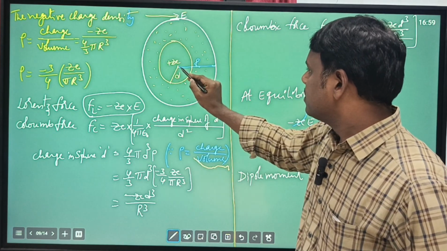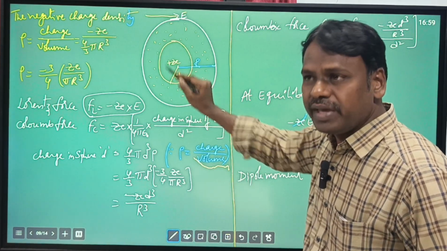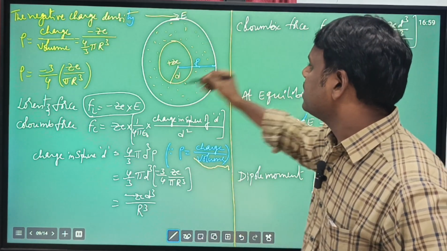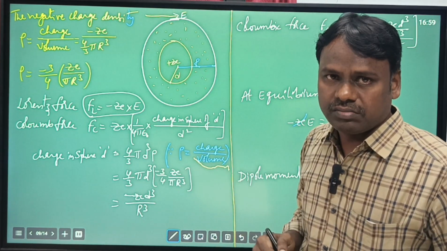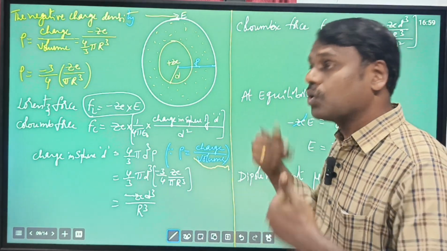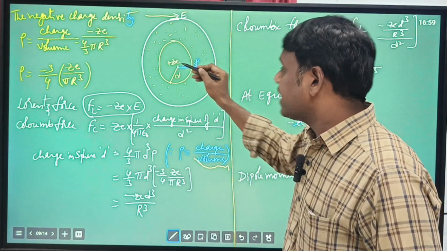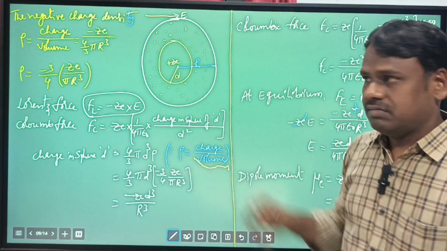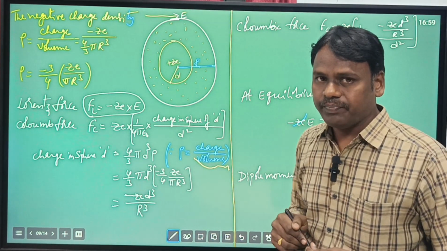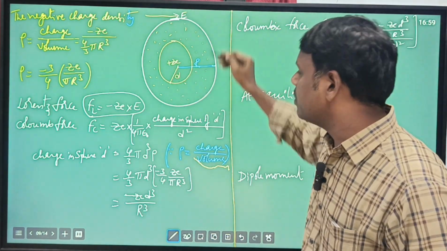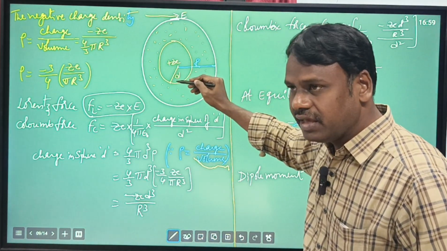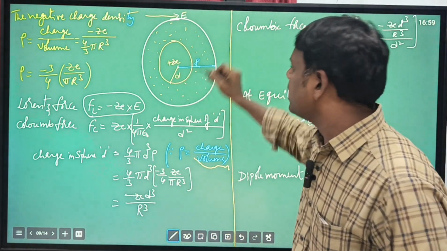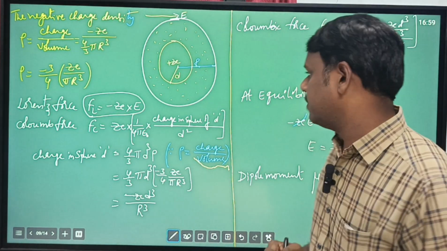Here there is a sphere of radius d formed, because the center of the electron cloud is located at a distance d from the center of the atom.